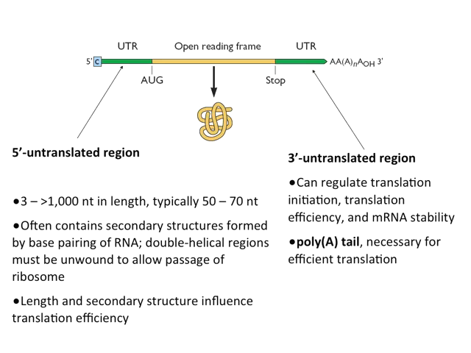There are untranslated regions in the mRNA, and these will factor in our discussion today. There's a 5' untranslated region. It's usually about 50 to 70 nucleotides, the average on most cellular mRNAs, but it can be very short or even over 1,000 bases. And we'll talk about the implications of that.